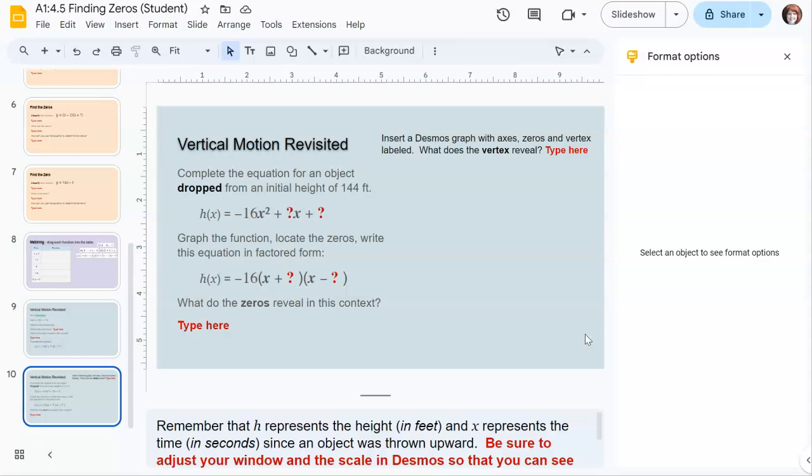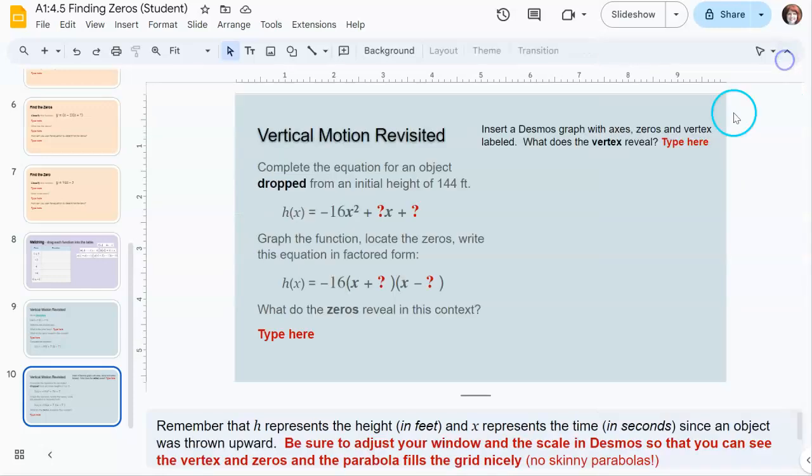Now here's something I also say, and I use something a little bit funny when I do it to help my kids not forget. I ask them to adjust their scale in their window in Desmos so that you can see the vertex and the zeros and that the parabola fills the grid. So what they'll do when these y values are really high is they will just zoom out, and you'll get this super skinny parabola.